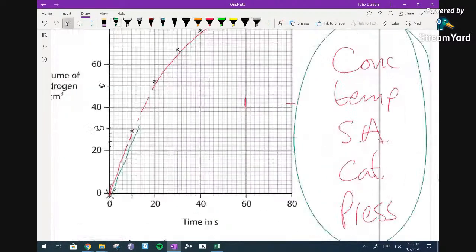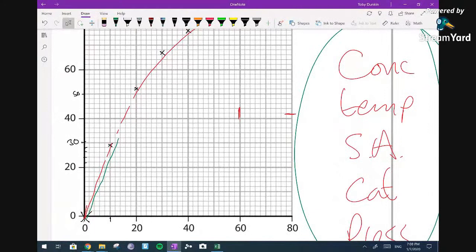I'm going to zoom in on this. I'm going to follow it up, and it doesn't matter how far I follow it, as long as I follow it for a period of time. Now I'm going to curve off and end at exactly the same amount of time. So that is the curve they're expecting to see.